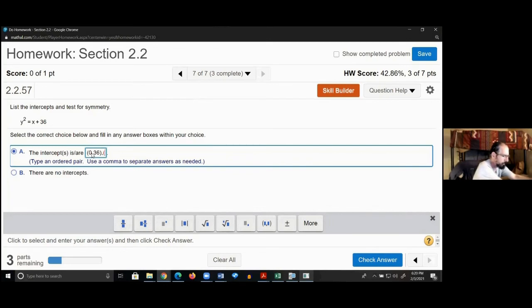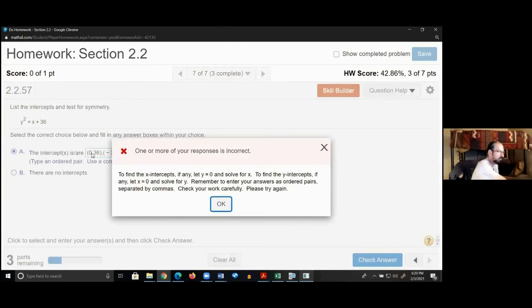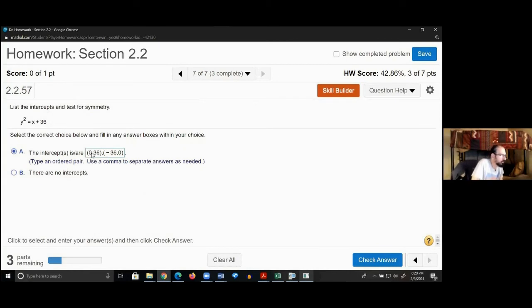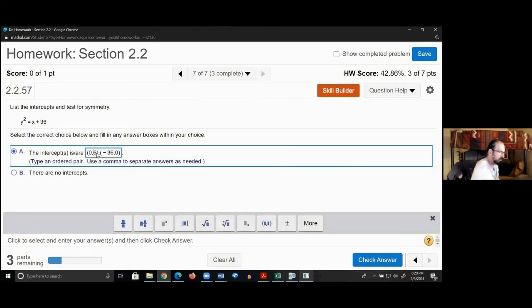So that would mean that x is negative 36 when y is 0. Okay, let's see here. What did I do wrong? 0 for x. 0 plus 36 is 36, but that's y squared. Okay, so we take the square root, plus or minus, to get what y is. My x-intercept, on the other hand, should be fine.